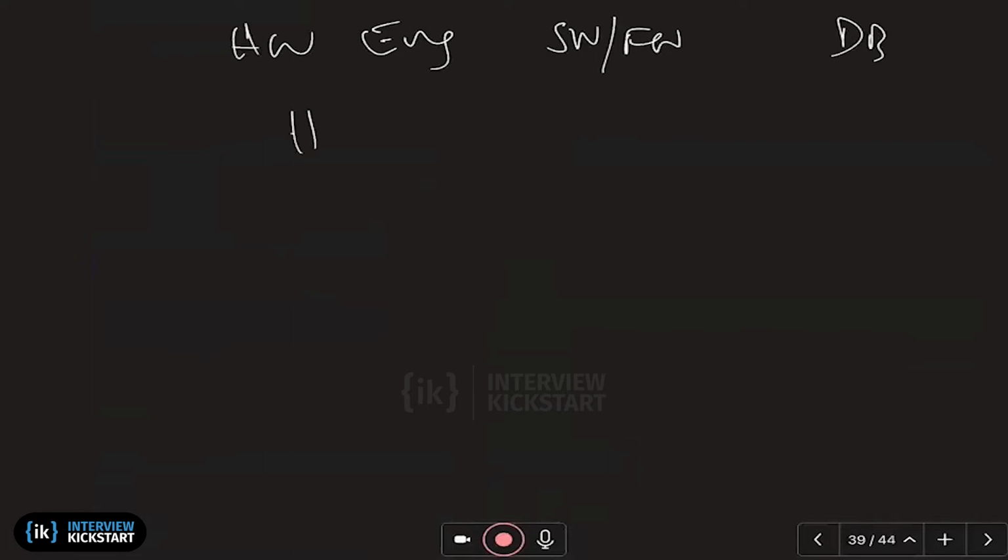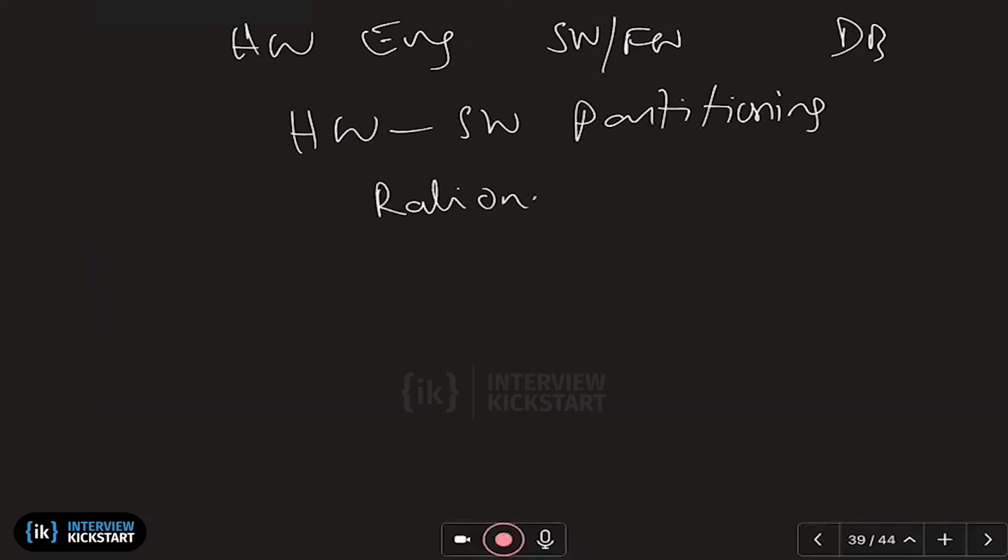And you also mentioned hardware software partitioning. Now, when you talk about this, or for that matter any design, are you able to give rationale for why you want partitioning in this way? First, are you thinking about partitioning and rationale, for example, performance, battery life, or cost, etc.? What do you do in hardware?